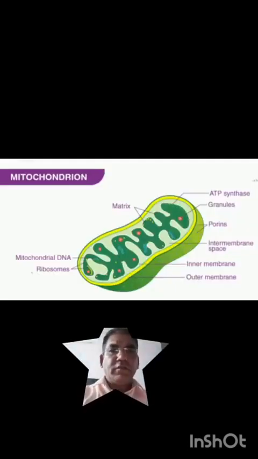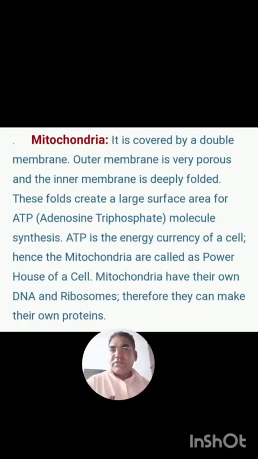Mitochondria. These are thread-like structures present in a cell. These are the largest cell organelle in case of the animal cells. Mitochondria are also known as the powerhouse of the cell because they are involved in cellular respiration.